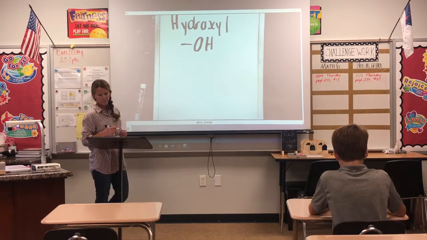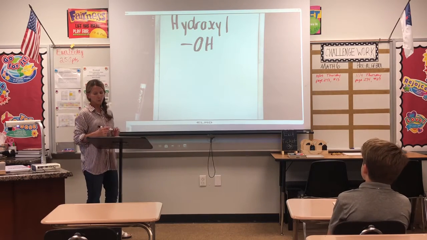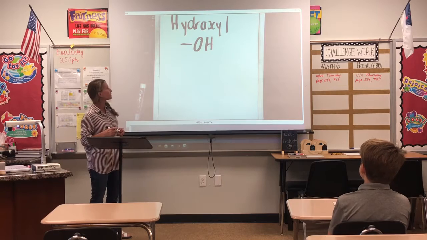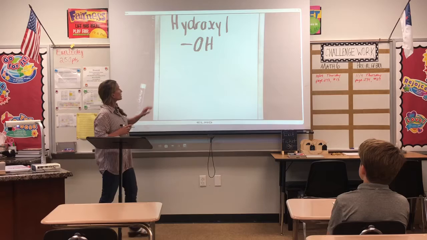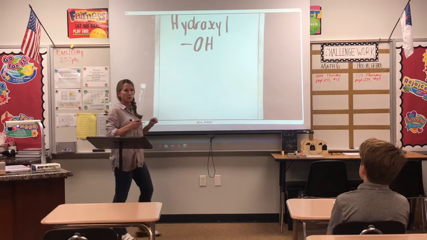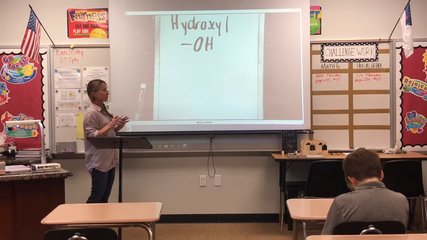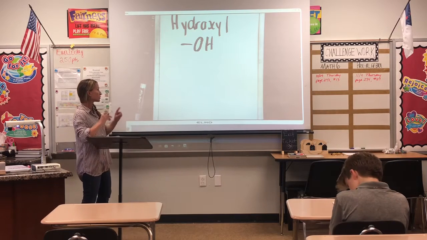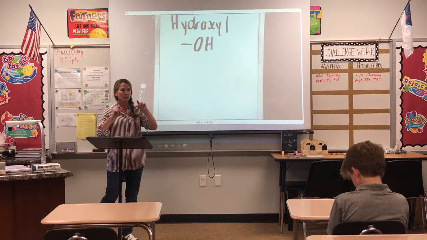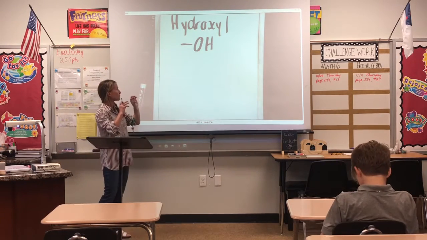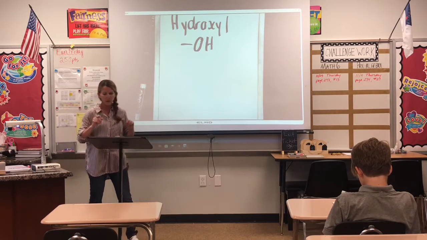Okay? So hydroxyl groups make a molecule polar because of the high electronegativity difference between the oxygen and the hydrogen. So we know water, and water is polar because it has two hydrogen atoms and one oxygen atom. And that oxygen atom, those spare electrons repel the others, so it bends the molecule.